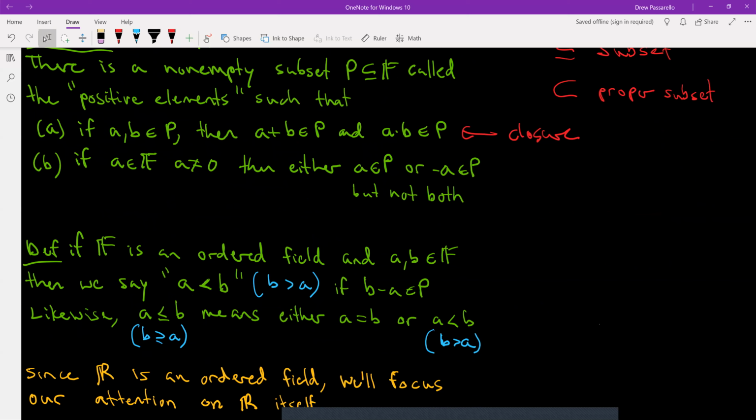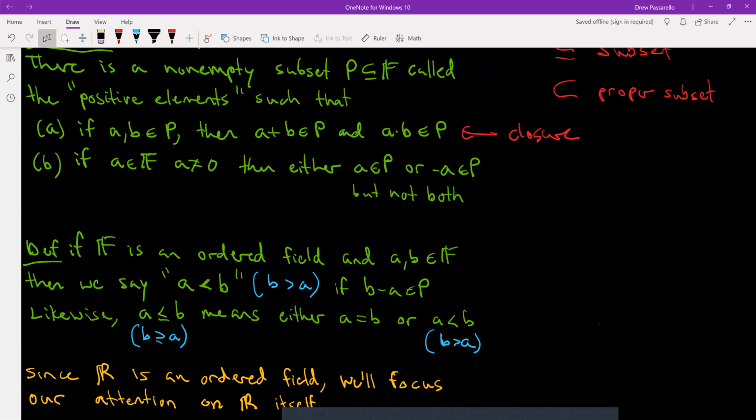So definition: if F is an ordered field and A and B are in F, then we say A is less than B, or in parentheses, B is greater than A, if B minus A is in P. Likewise, A less than or equal to B, or B greater than or equal to A, means either A is equal to B, or A is less than B.